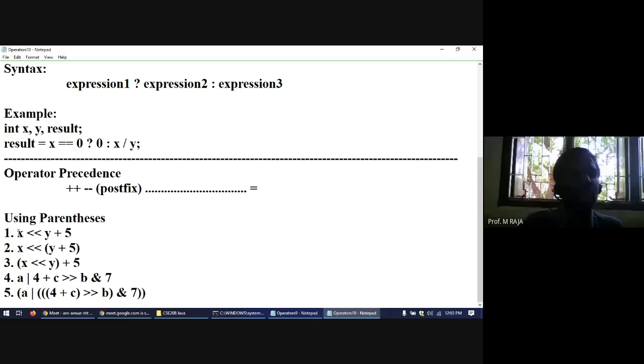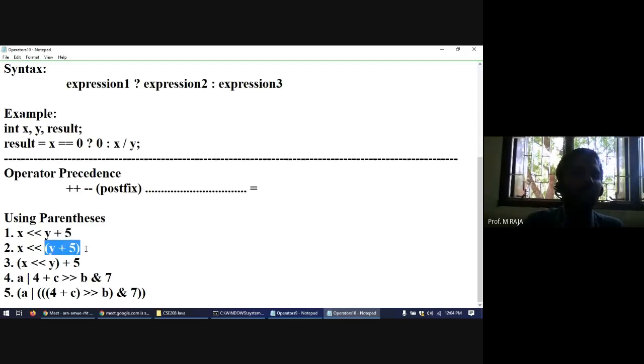In the first case, x double less than y plus 5 means y is added with the quantity 5 and then the bitwise left shift operation is performed. X is shifted left y plus 5 times. Same is given in number 2, x less than less than y plus 5.